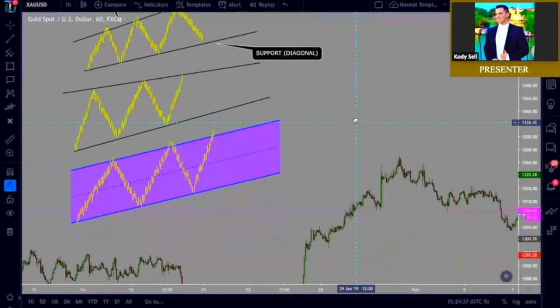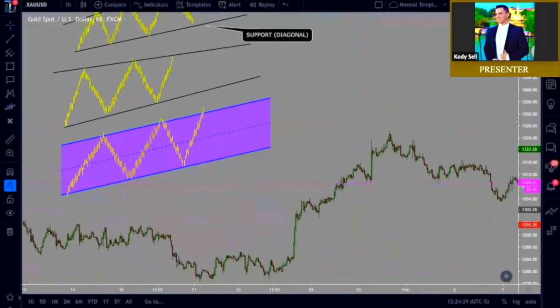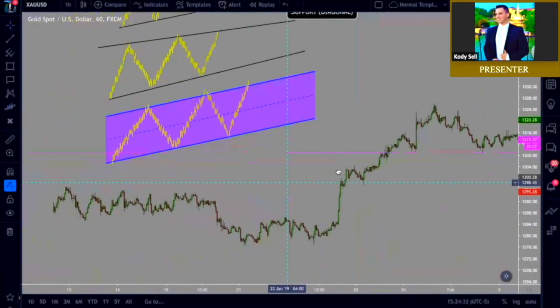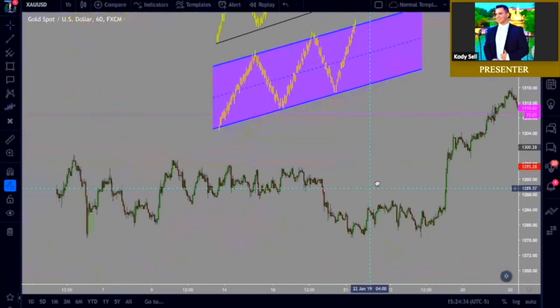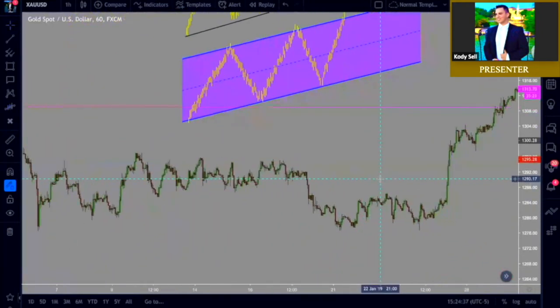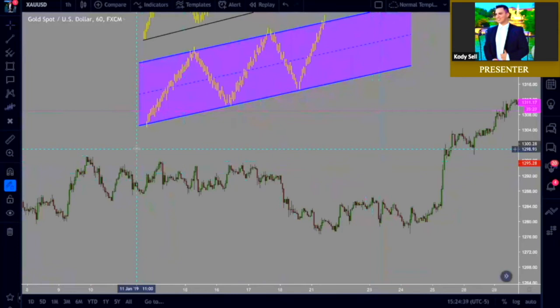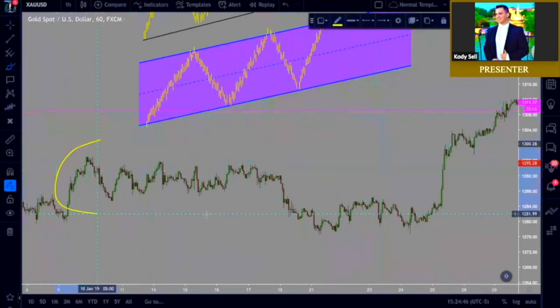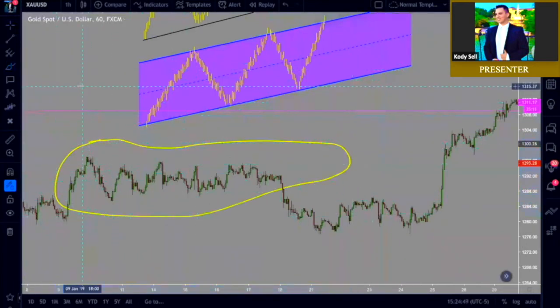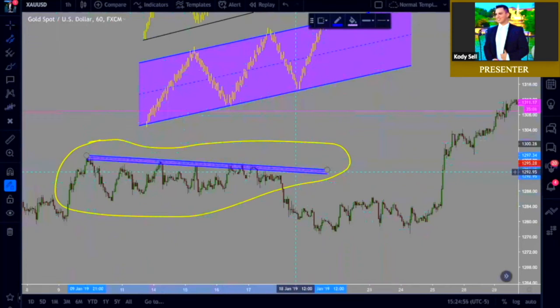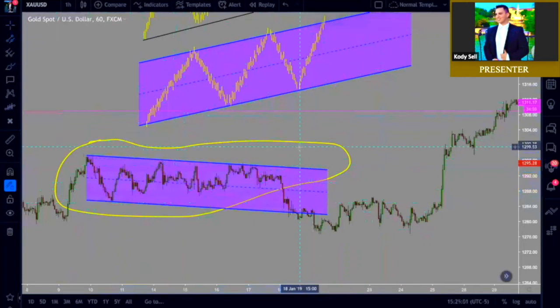So let's just scroll on down here. I haven't been to this area yet, so I'm just pulling up a random area and walking through whatever I see. Let's look at this area right in here. So this is a price channel. Now notice if you channel this up like so, and you pull it down, it doesn't really match up well.